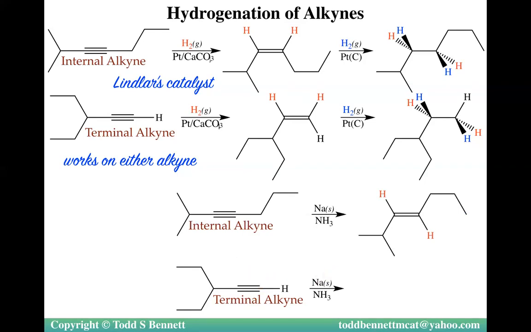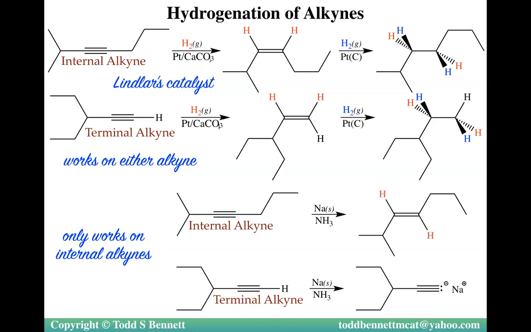Instead, we deprotonate. So this NaNH2 reacts with the alkyne, and you end up forming a deprotonated alkyne. So same thing we were doing last video where we deprotonated, made a great nucleophile. So the unfortunate thing is this method doesn't work on terminal, only works on internal.